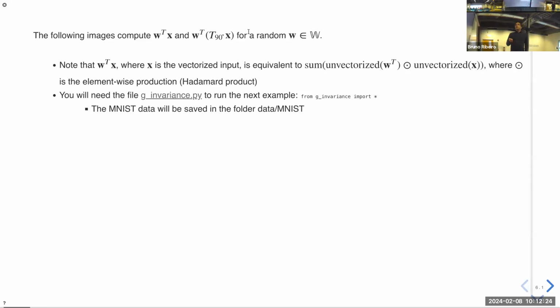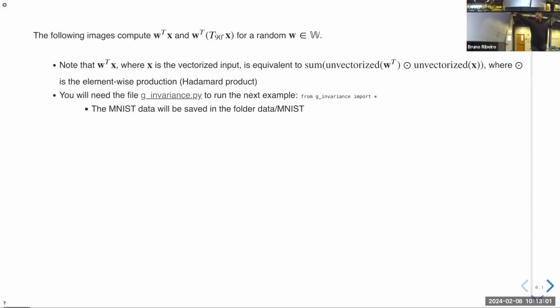And then note that this inner product acts on the vectorized input, right? So what I'm going to show you is essentially this: the sum of the unvectorized, so you can see it as an image, in a Hadamard product, right, element-wise product. Sorry, the weight will show as an image, and the input will also show as an image. And you do element-wise product, and you sum everything. So that's essentially the inner product of the vectors, right?